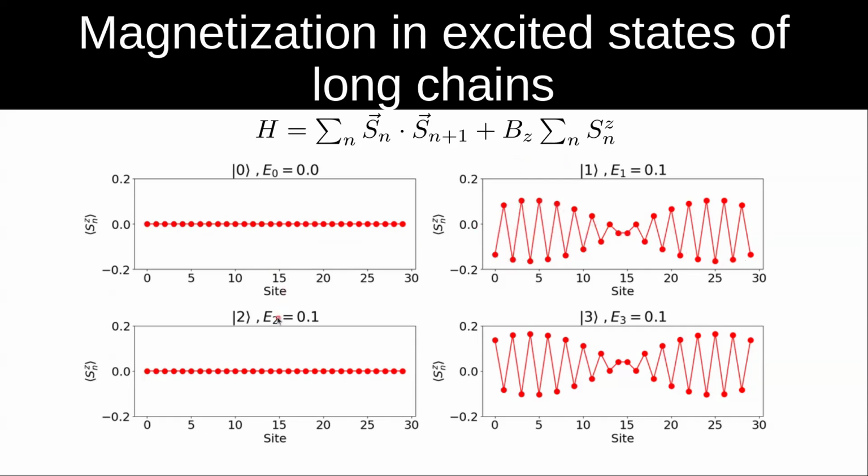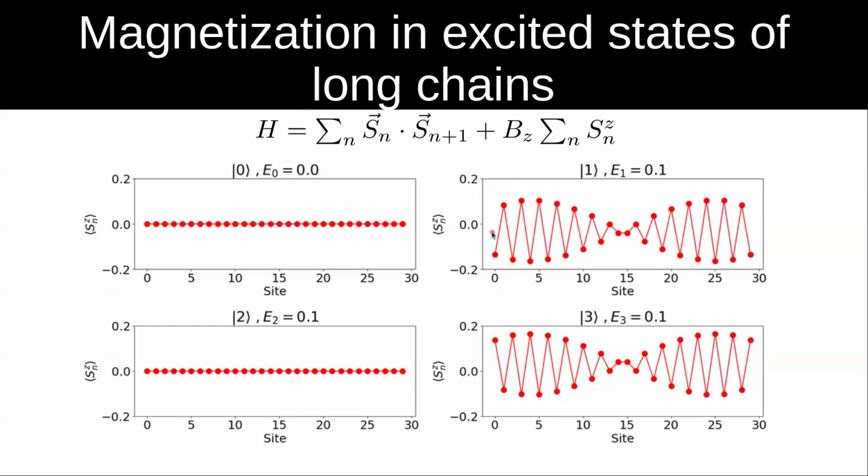Then the next excited state is another state that has zero magnetization everywhere, so it is effectively invariant under time reversal symmetry. And then the next state also has a finite magnetization in different regions of the system, also forming a standing wave, and it is actually the time reversal partner of state number 1.